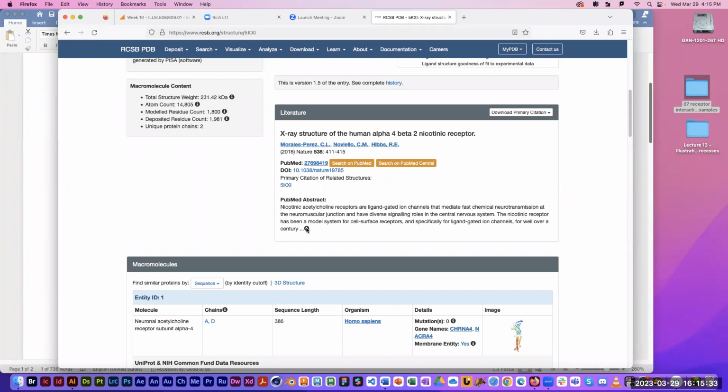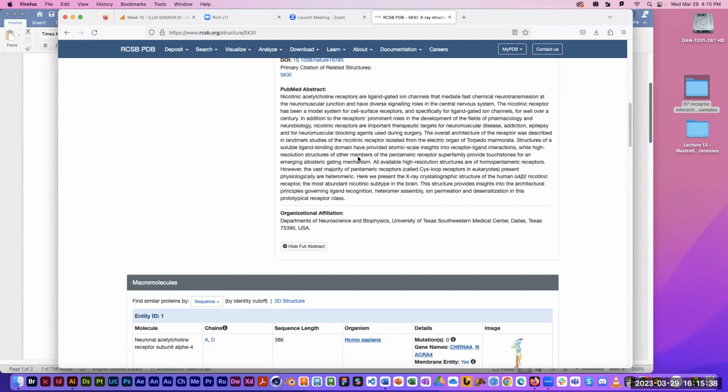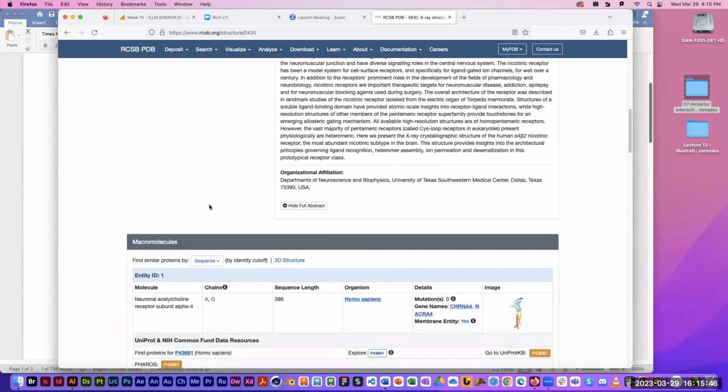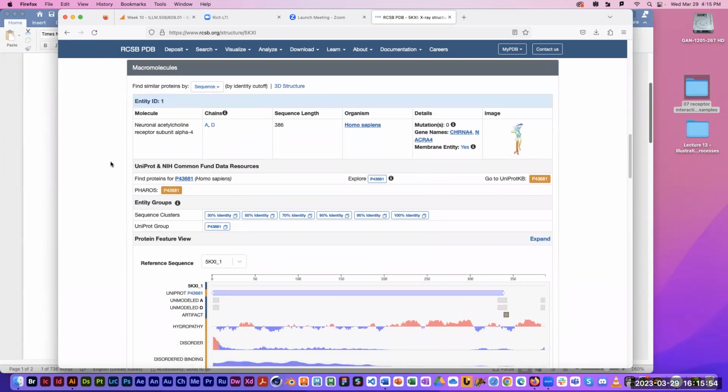But there's also an abstract right here, so you can open the abstract and you can read just a synopsis of what that molecule does and how it behaves, how it functions. Also, check out information about the molecule down here, about the PDB entry.